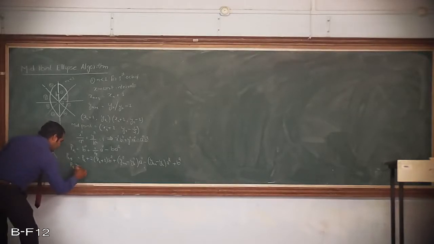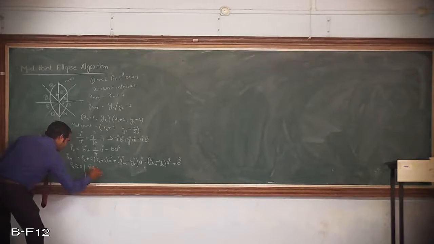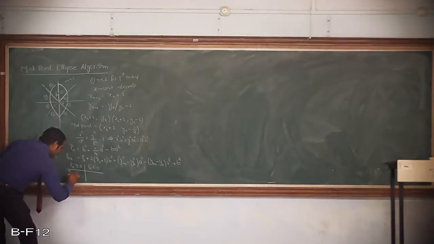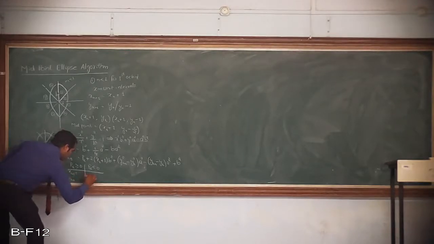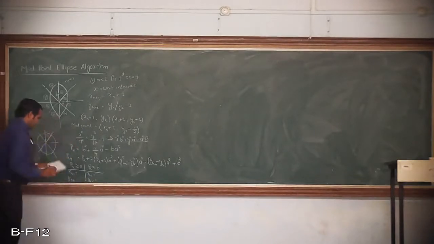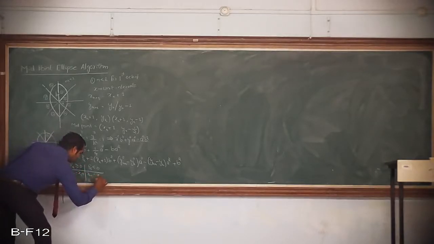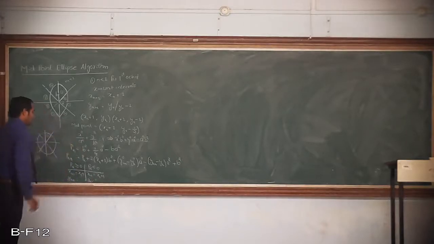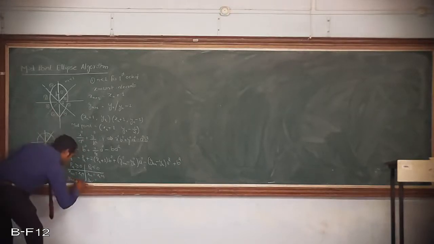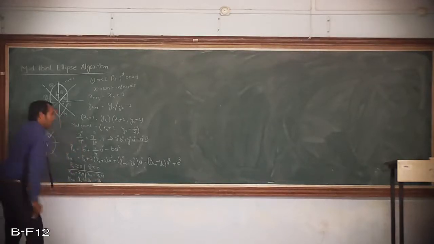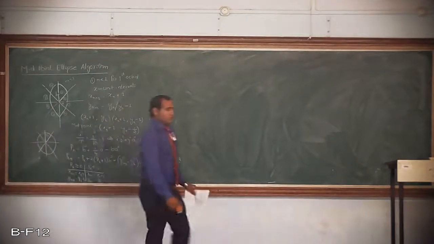If pk is less than 0 or greater than 0, what are the next x and y coordinates? Those points where x moves in unit intervals are xk plus 1 with yk minus 1 and yk. Up to here we derived the first octant.